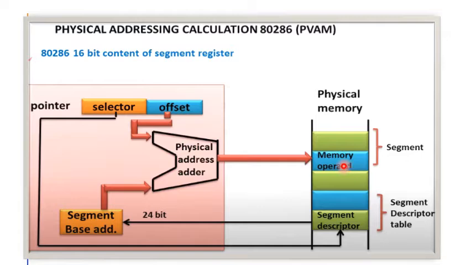The 24-bit base address of the desired segment can be obtained from the table in memory. The 16-bit offset will be added to the segment base address to form the physical address.